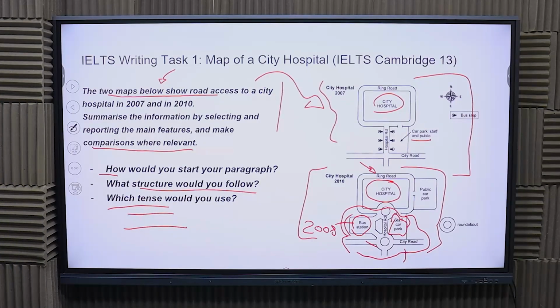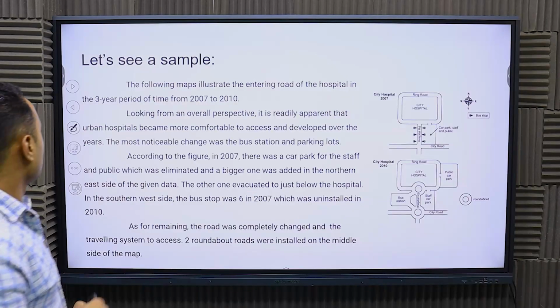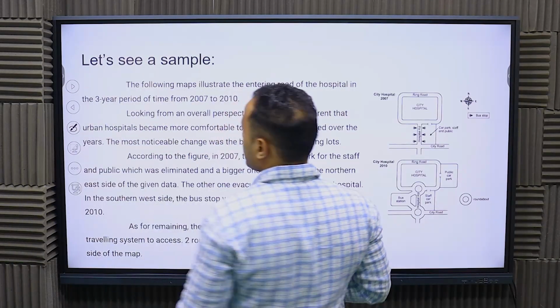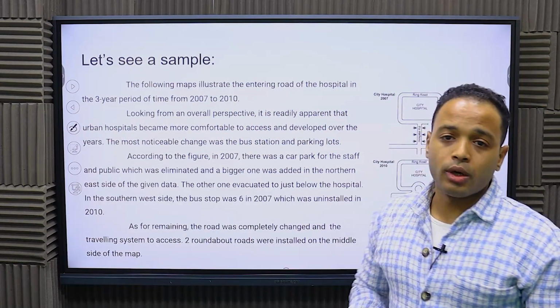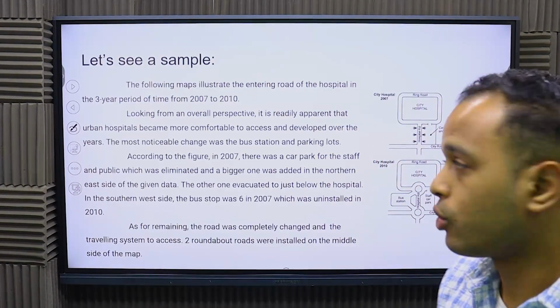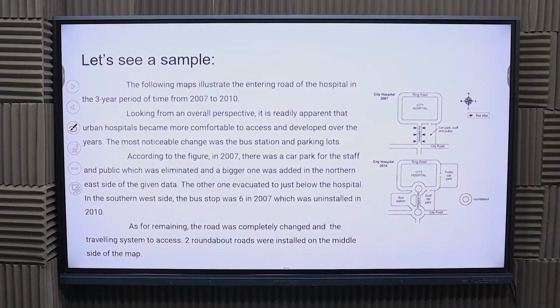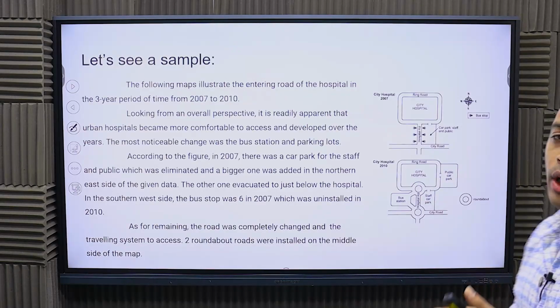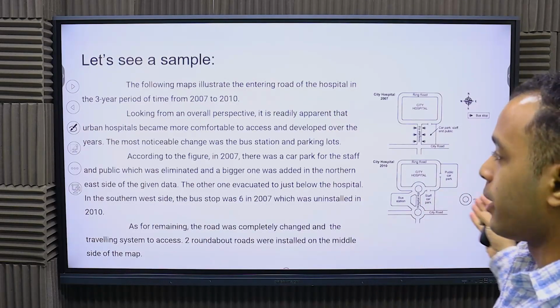Let's right now have a look at one of the examples, one of the sample answers. Okay, so as you can see this one, I'm going to give you just 1 minute. You can start reading this board. I hope you can see it very well. Okay, right now I'm going to read it from my end here.